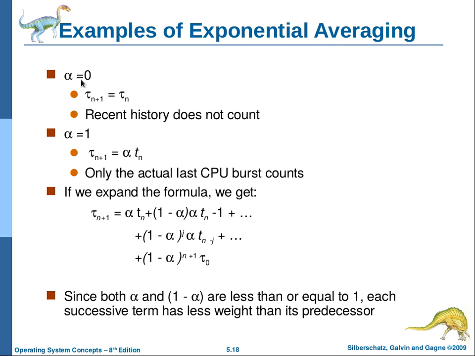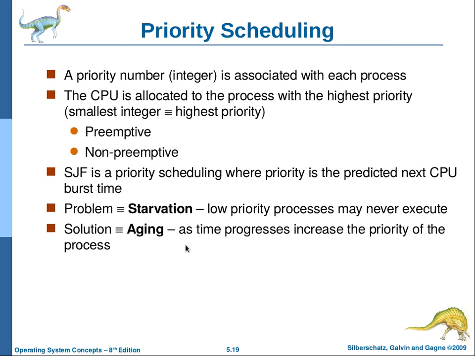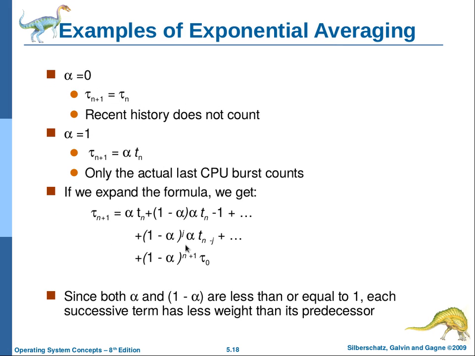Good, exponential averaging. If alpha was 0, then you're just saying it's always the previous, so recent history does not count. If it's 1, only the last CPU burst actually matters. That's the formula drawn out.